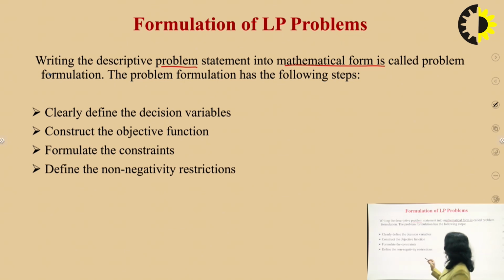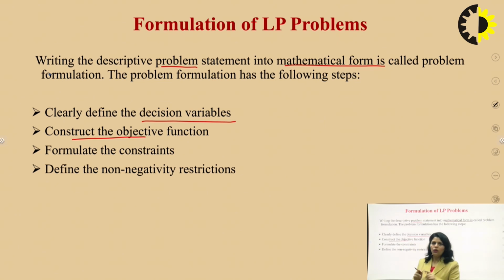First, we have to clearly define the decision variables, meaning the different levels of activities taking place in the organization. After defining the decision variables, we will construct the objective function, meaning what the objective of the firm is, whether they want to maximize the profit or minimize the cost.